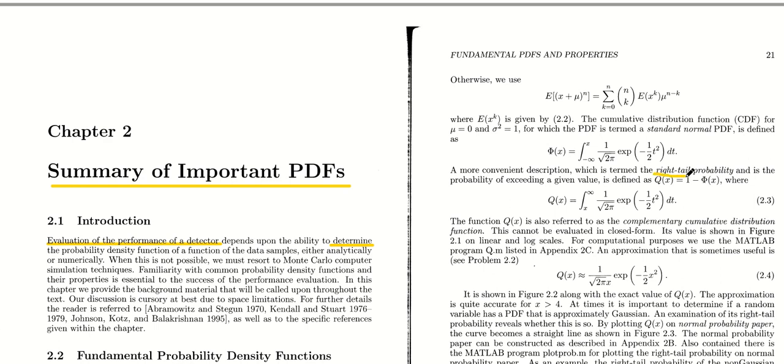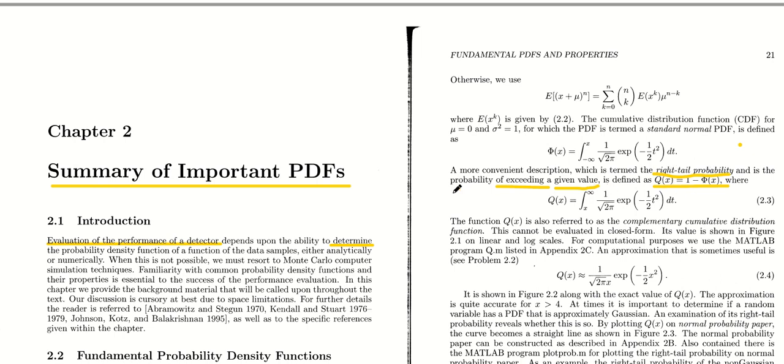So this is called the right tail probability, and it's the probability of exceeding a given value. Okay, so that's easier to see here.